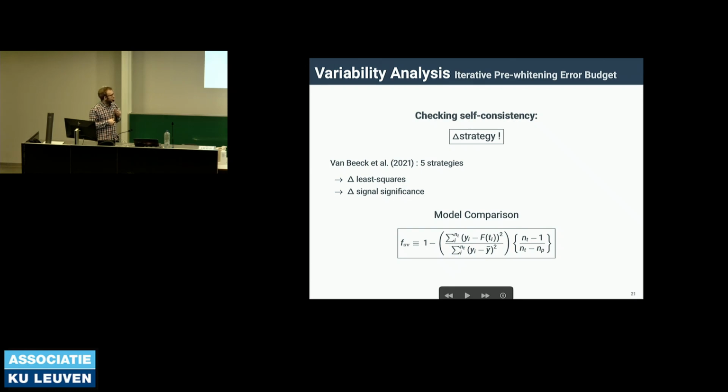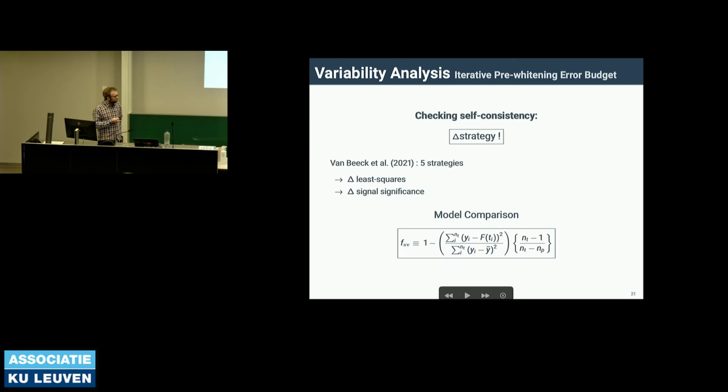And we therefore developed 5 strategies, and then we wanted to compare these strategies to see whether or not the light curve models that we obtained from these 5 strategies are internally consistent or not. And to do that, we determined a specific metric, the fraction of variance explained, that is scaled to the number of timestamps in your light curve and the number of parameters in your model, which is conveniently called FSV, and which I will call FSV from now on.